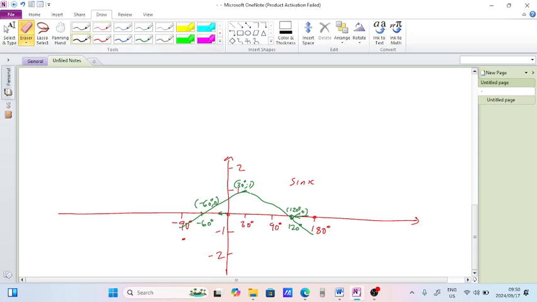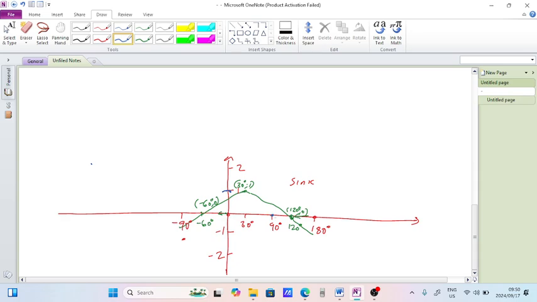Now, what's left? The other part will be cos of 2x. Let's draw the graph of cos x and see. I know that the graph of cos x starts at 1, making a turning point. From there, you cut at 90.